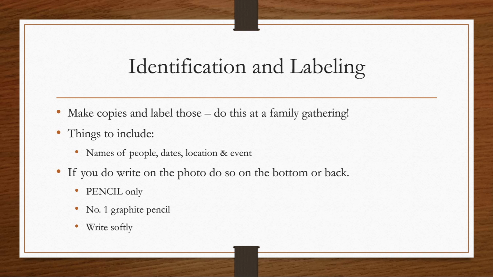Don't destroy or write anywhere near the photo. You want to use pencil only. No pens. Pencil's the safest over time. If you can, use a number 1 graphite pencil, which is a little softer, and write softly. You don't want to write on the back and have your writing go through the photograph.